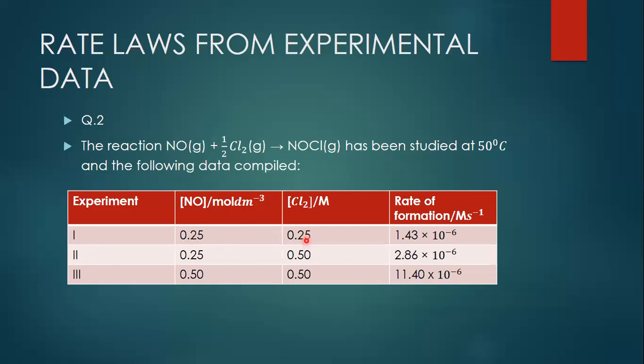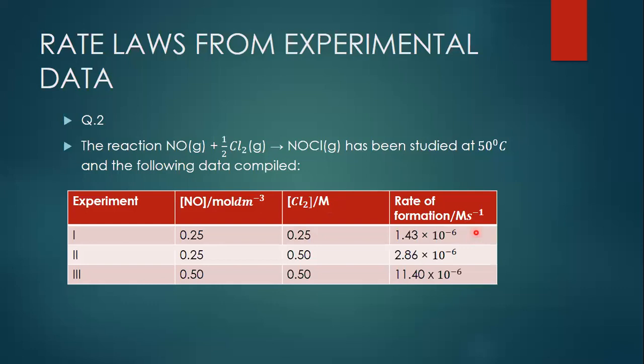With the second reactant we are using 0.25. Now, the unit here, molar, you all know it's also mole per dm cube. So it means the rates will be mole per dm cube per second. That's the unit for rates, mole per dm cube per second.